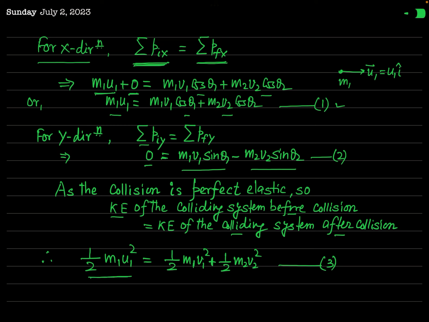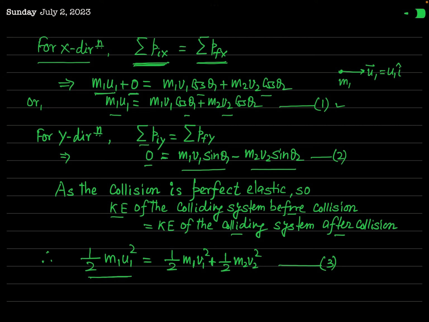So I have not added that 0 here. You can see this half m1 u1 square will be the total kinetic energy of our colliding system before collision. Okay. Since kinetic energy is a scalar, there is no need to write a vector equation here.